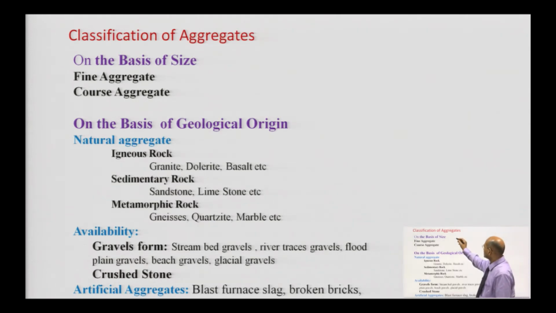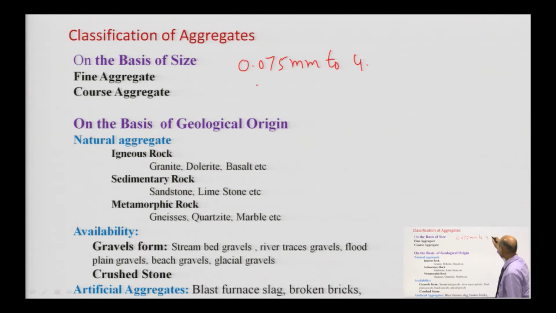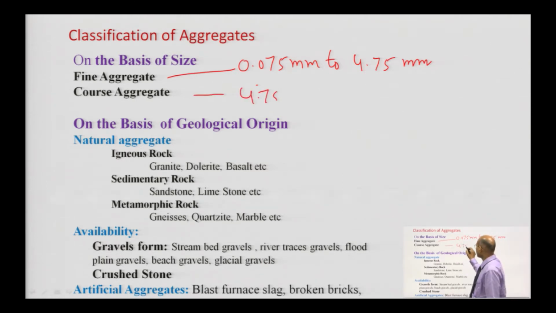Fine aggregate is from 0.075 mm to 4.75 mm, that is 75 micrometer to 4.75 mm particles are considered fine aggregate, and coarse aggregate is 4.75 mm to 80 mm. So, this is the ISO classification.